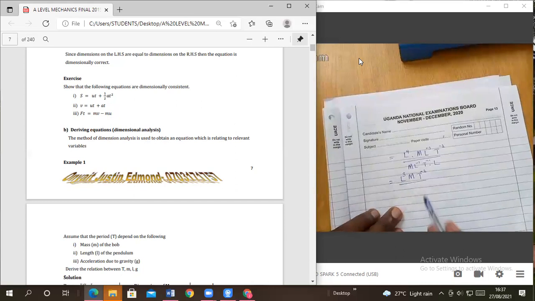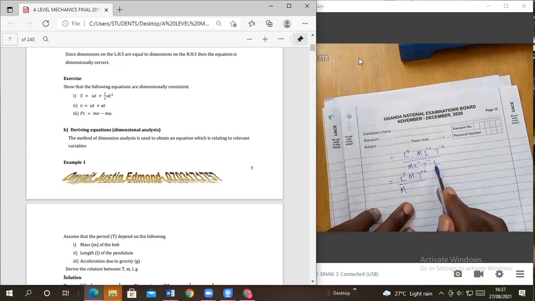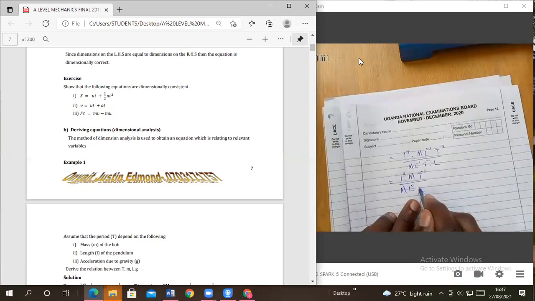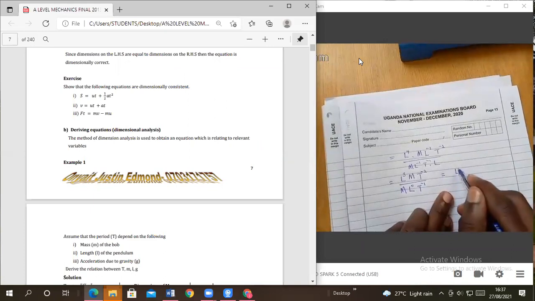Over here we have M. L here is to the power -1, and this L is to the power +1. What does it give us? L to the power 0, which is 1. This one will give us L to the power 3.